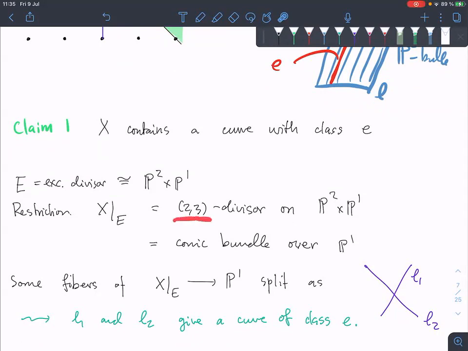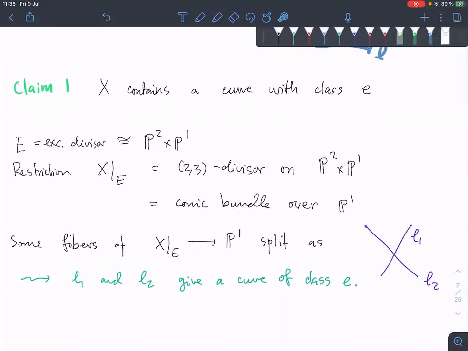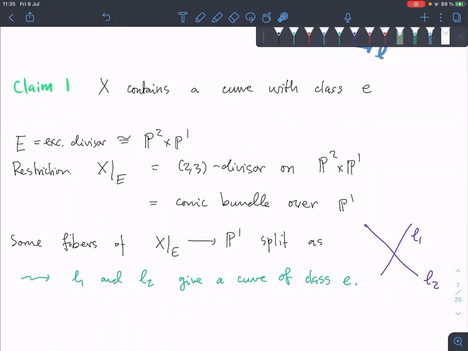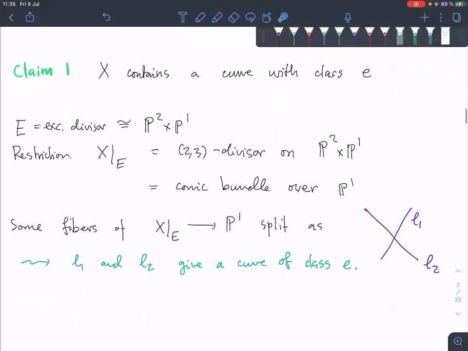Any 2-3 divisor inside P2 cross P1 is a conic bundle over P1. If you think about the projection to P1, the fibers there will be plane conics. And some of those fibers of the conic bundle will split into a union of two lines, and one of these two lines will give exactly such a class that we want. So we've found at least some line that lies in X, and so we get our claim.